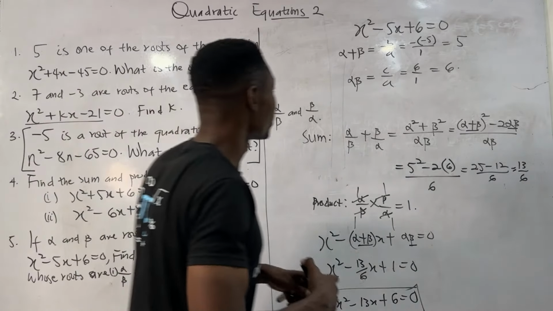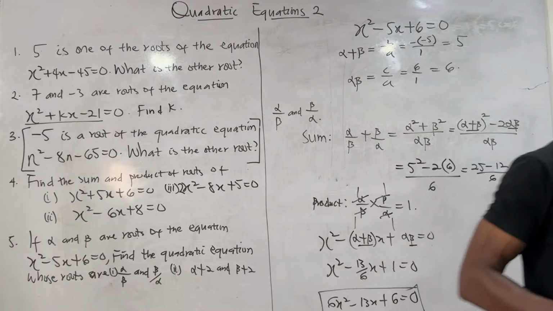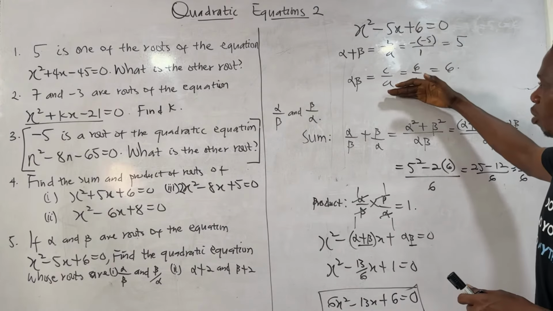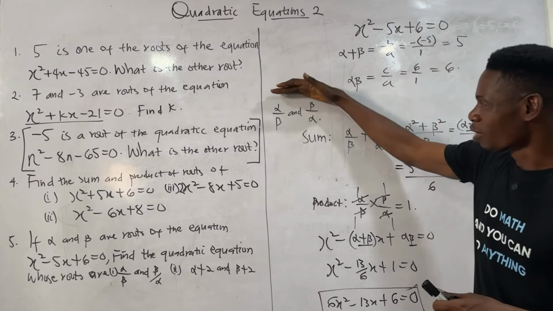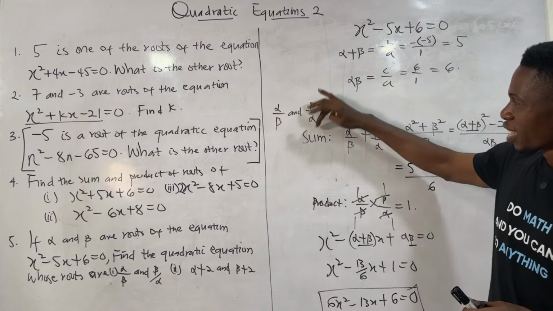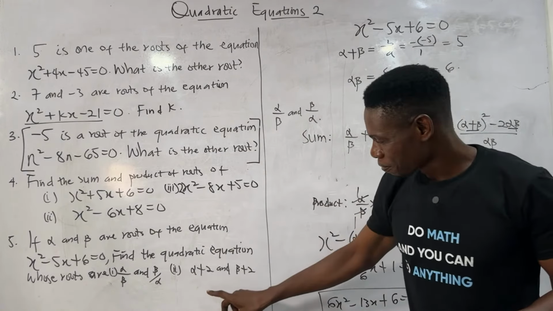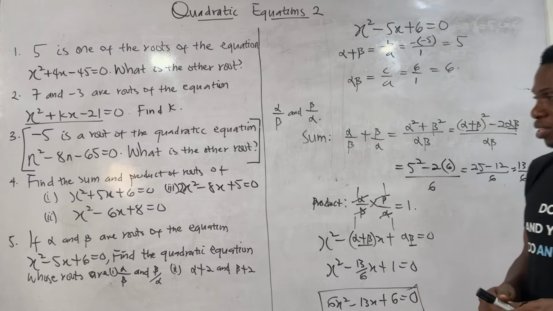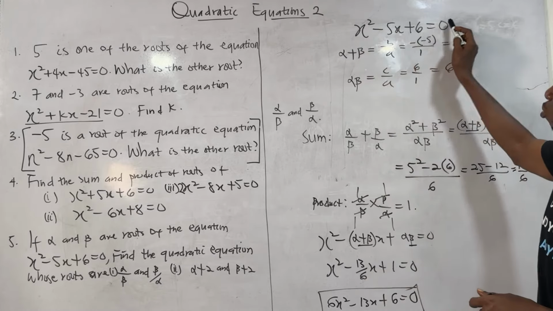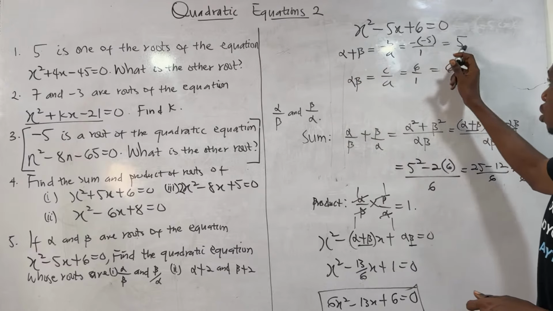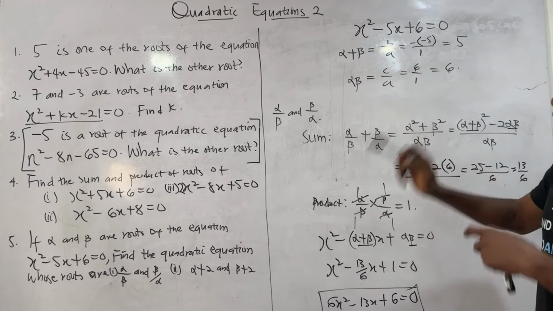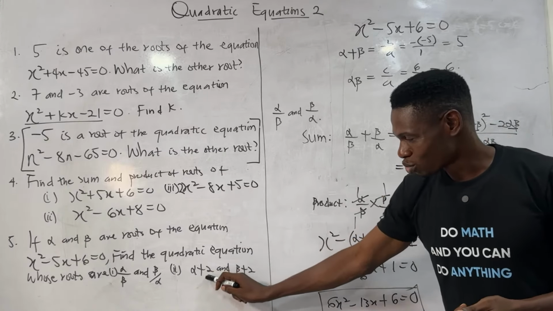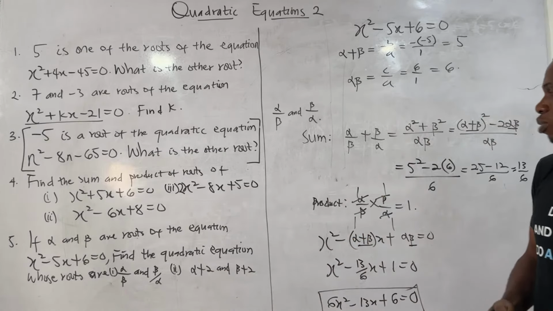So lengthy but interesting. Now, based on what we have, as you still solve up to this point, from here down you change this to alpha plus 2 and beta plus 2, and then you solve. So based on this equation, whose sum of roots we already know and product of roots we already know, find a new one whose roots are alpha plus 2 and beta plus 2.